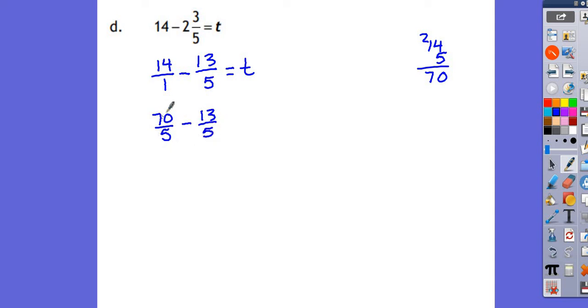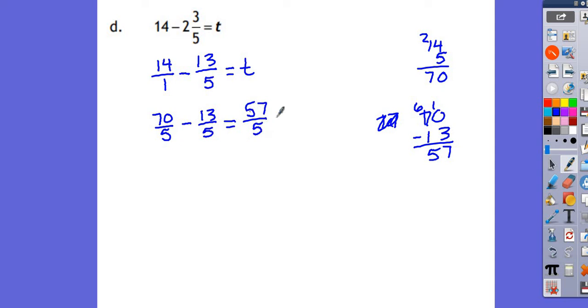Now I have common denominators, so I can subtract the numerators. So 70 minus 13. Borrow here. That gives me a 7. That gives me a 5. So 57 over 5. And that needs to be simplified.